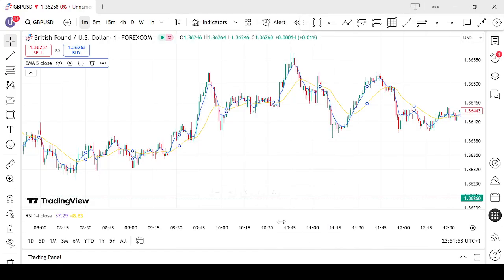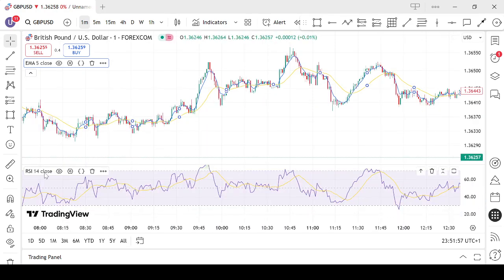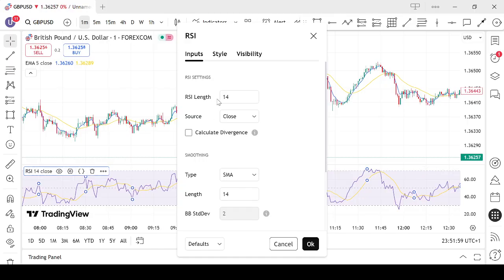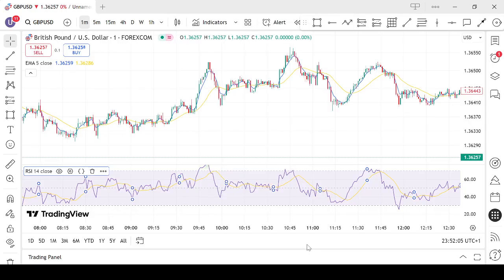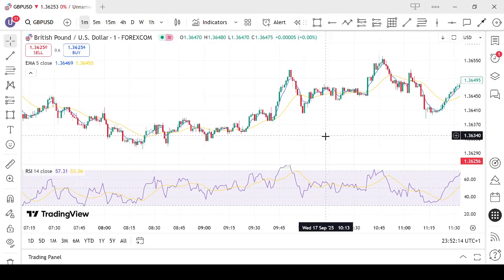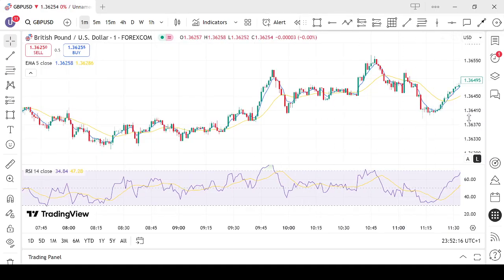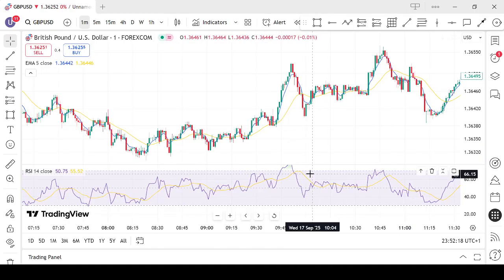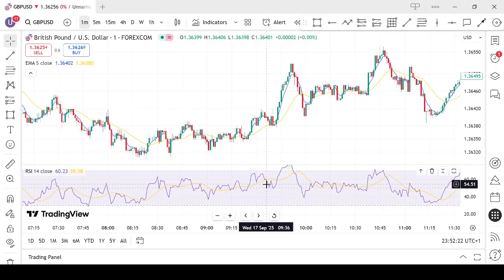We would also make use of our relative strength index, set to 14 period, to confirm momentum. You have to keep your display clean, remove all other overlays to focus on price and these core signals. So these are what we are going to focus on, these two indicators, the moving average and this RSI.